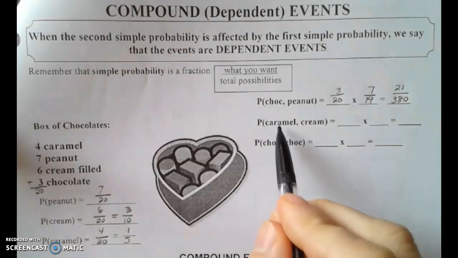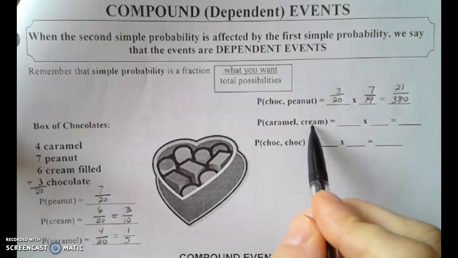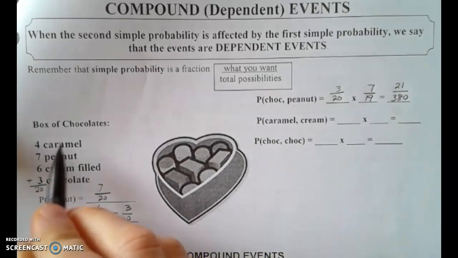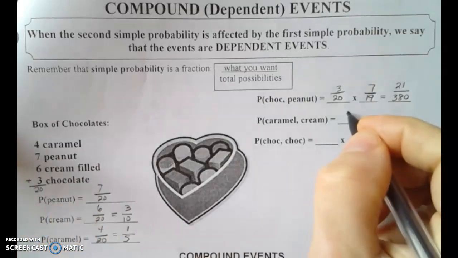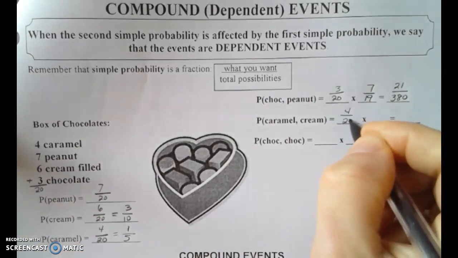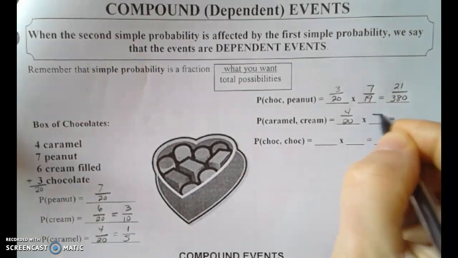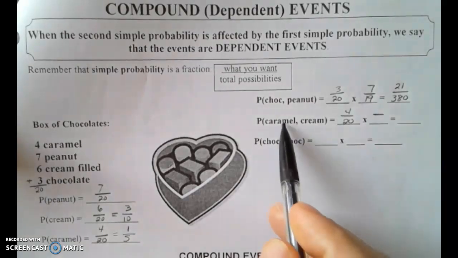Suppose that we wanted a caramel candy first and then a cream candy. Let's start by getting a caramel candy. There are 4 of those out of 20, so the probability is 4/20. We take that out, we eat it. So again, dependent. We're changing how many candies are in the box. Now we want to get a cream candy. The first one was caramel, so cream.